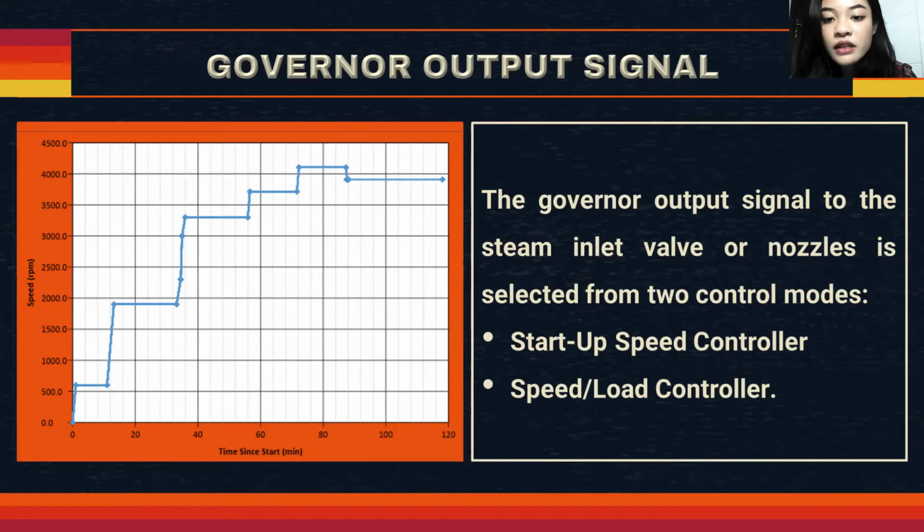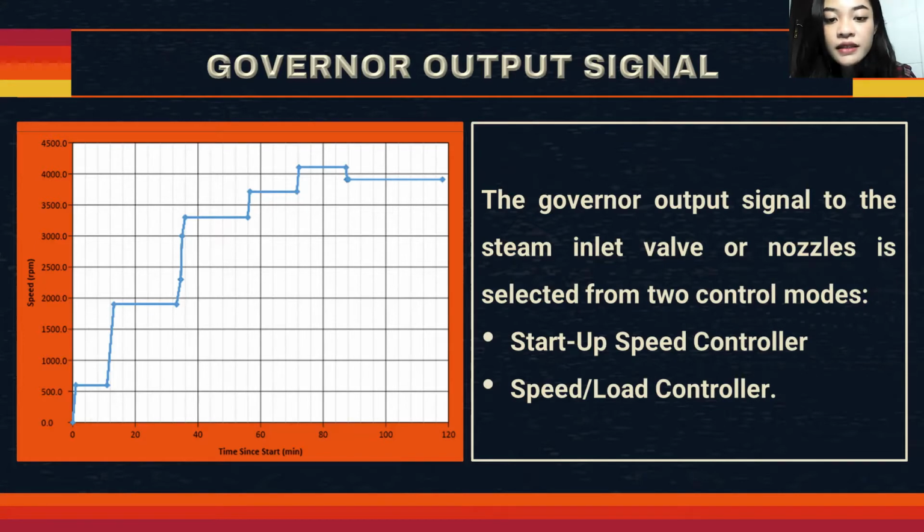Once the unit reaches load speed, the startup speed controller continues to ramp until its maximum set point value is attained.